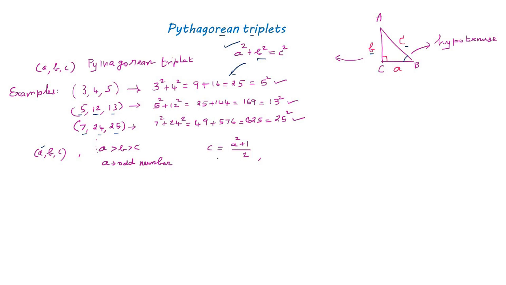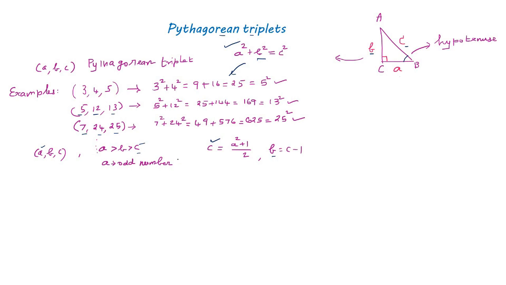Then you can easily find c using this. After finding c, b is c minus 1. So simply assume an odd number, and from that you can find c and b also. Now you can check whether a squared plus b squared is coming as c squared.